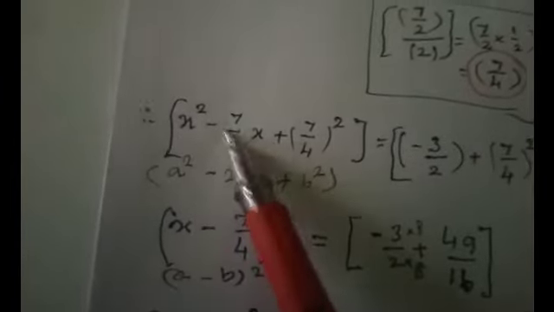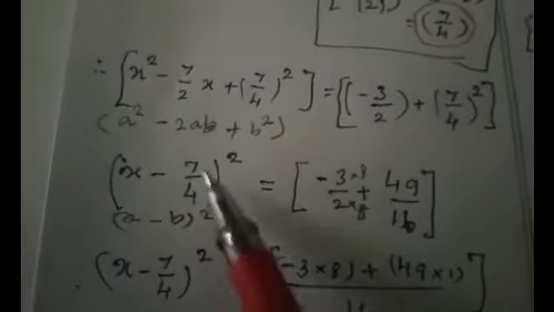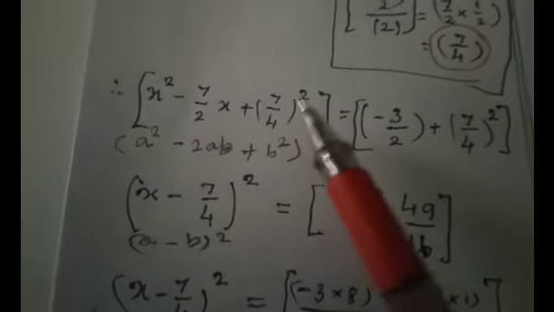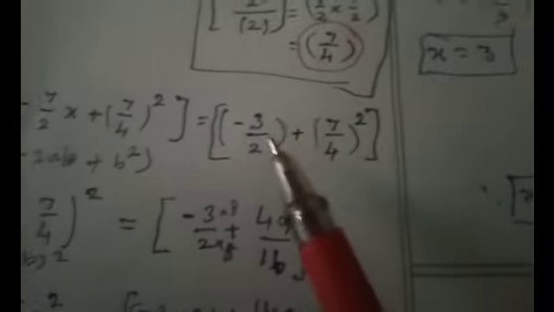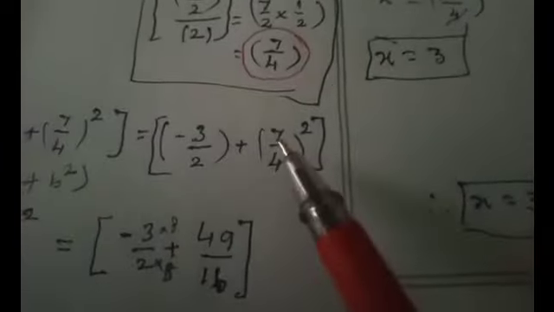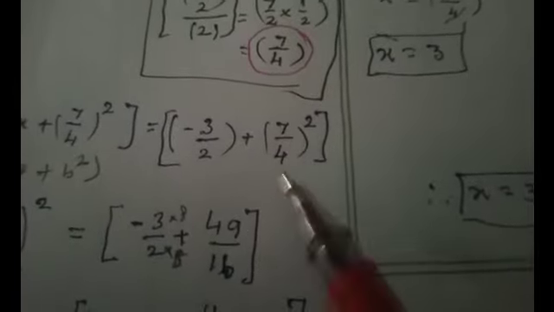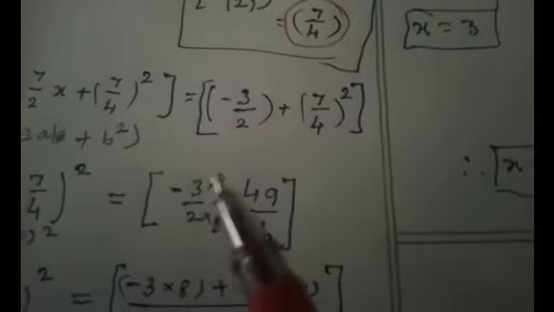Now this is in the form of a square minus 2ab plus b square. Okay. So this can be written as a minus b the whole square, which means a is x, b is 7 by 4, the whole square. Now for the right hand side it is minus 3 by 2, let it be as it is. Here 7 square means 49, 4 square means 16. So this is minus 3 by 2 plus 49 by 16.